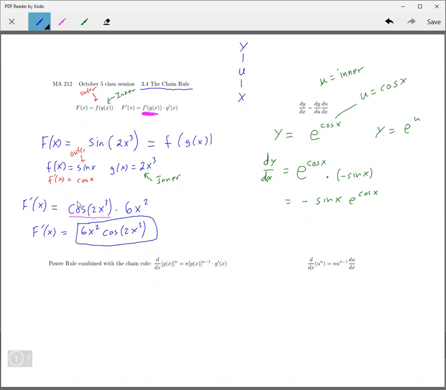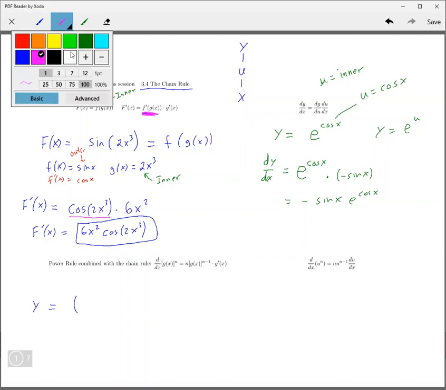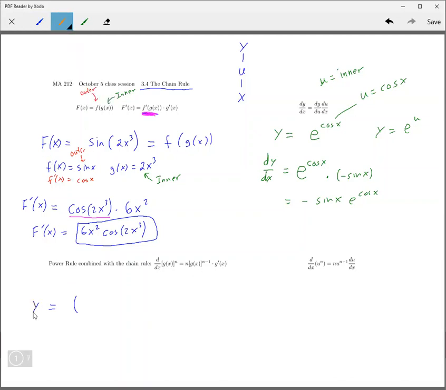Here's the power rule combined with the chain rule. That's where you have something like some expression, maybe x squared plus 3, raised to a power.